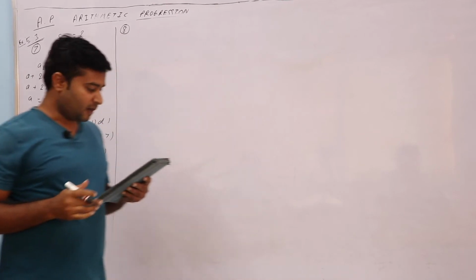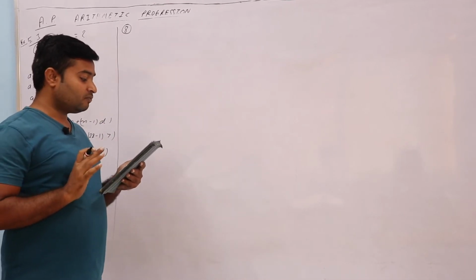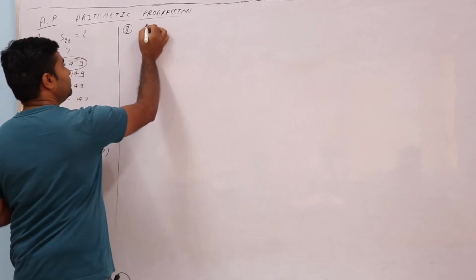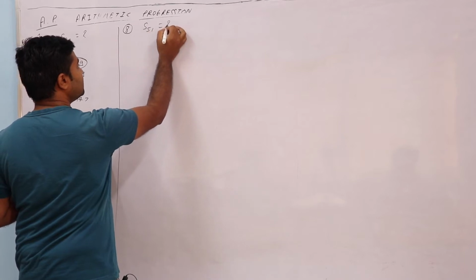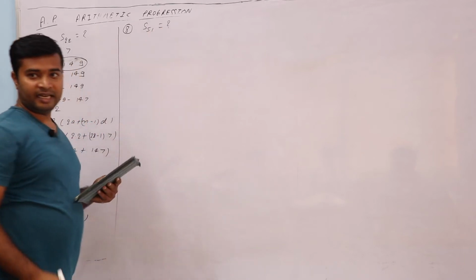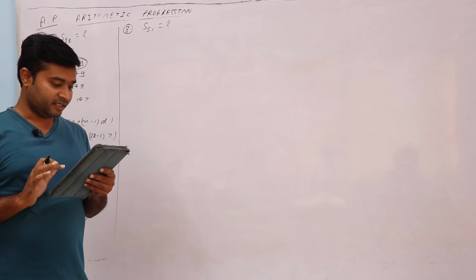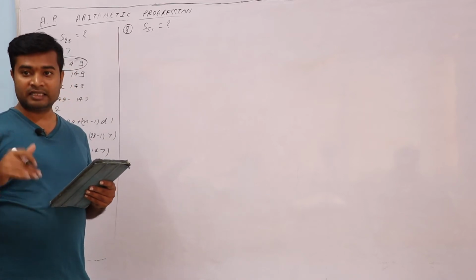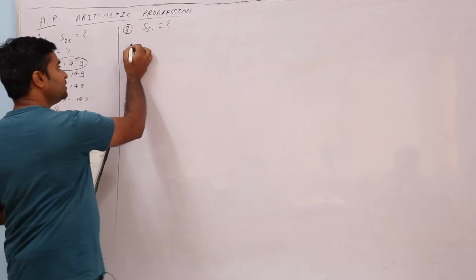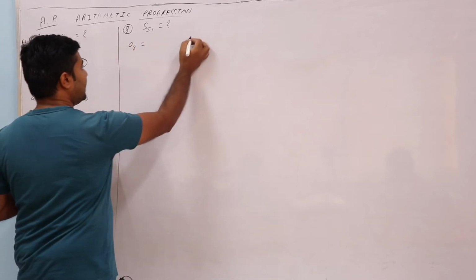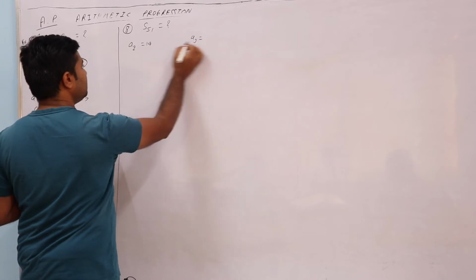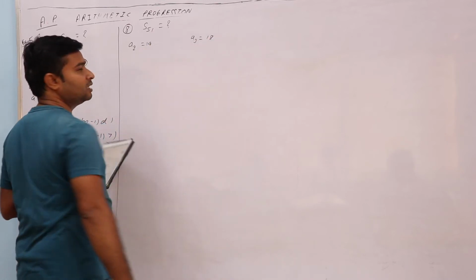Let's see. Find the sum of the first 51 terms of the AP. First 51 means they are asking for S51. The second term, A2, is given as 14 and the third term, A3, is given as 18.